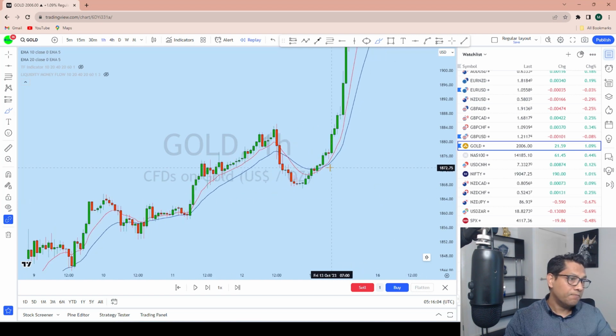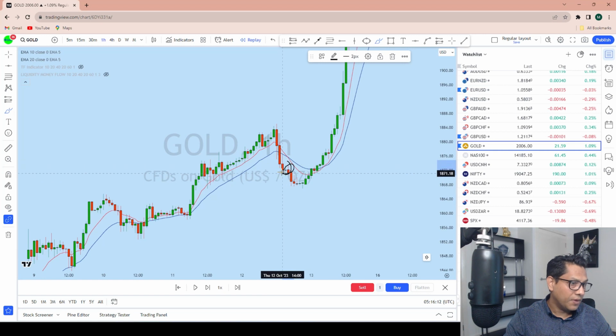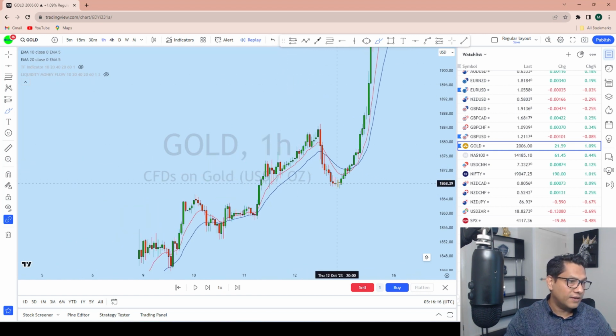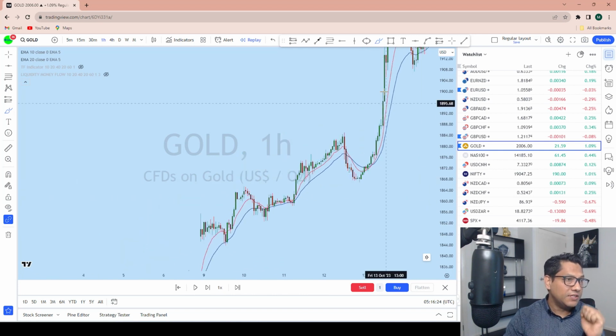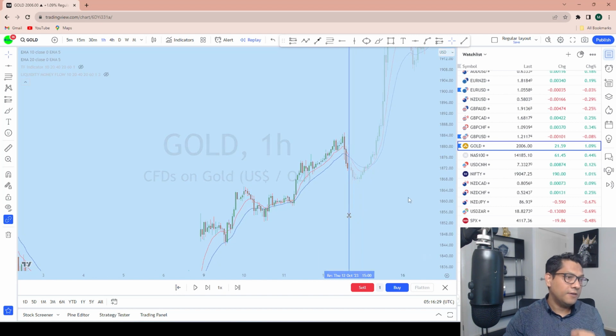Now as you can see, if someone sold here from this candle, from this doji, or from this pin bar after this liquidity grab, it didn't move much, a little bit of movement, and then the market aggressively went back towards its original direction.